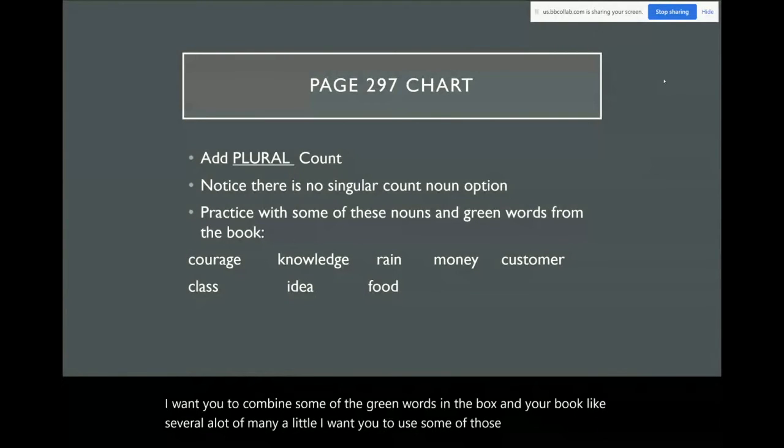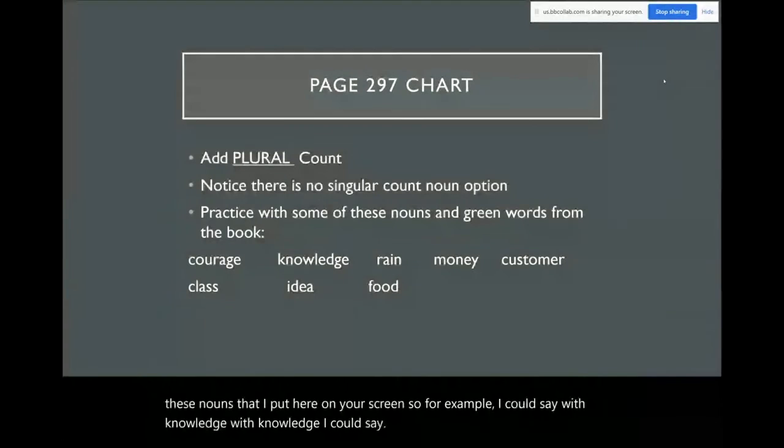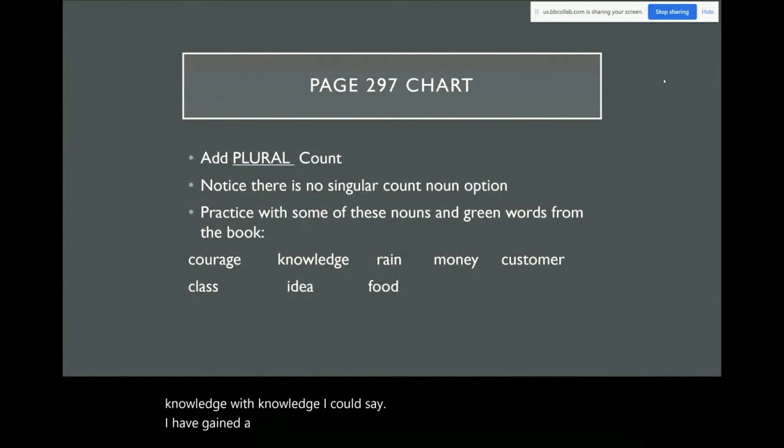So for example, I could say with knowledge, I have gained a lot of knowledge while taking classes at TCC. I have gained a lot of knowledge, non-count.